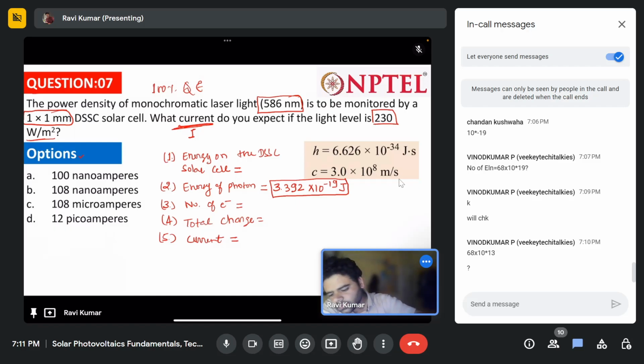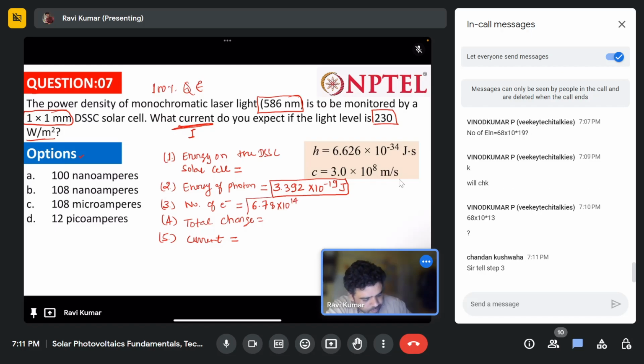Yes, yes. So exactly 6.78 into 10 raised to the power 14. Yes, you are right. Okay. Chandan, step 3.